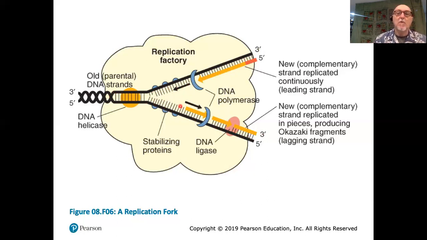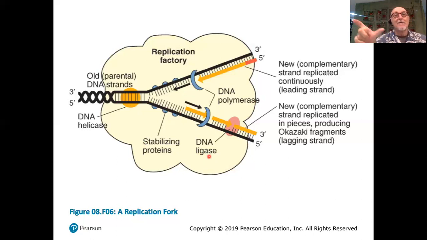And those fragments are called Okazaki fragments. There's the name there for you. Okazaki fragments. We call this the leading strand, and we call this the lagging strand. So on the lagging strand, we have to continually lay down these new primers, new primer, new primer, add base, add base.